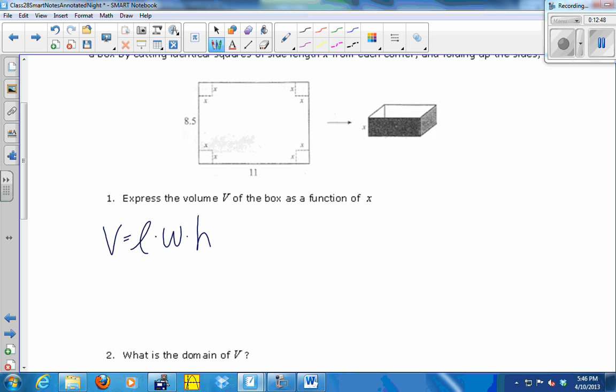What is its length, the distance along the base of the longer side? 11 minus 2x, because the whole length of the paper is 11, and then you cut an x out of either side, and that becomes the base, 11 minus 2x.